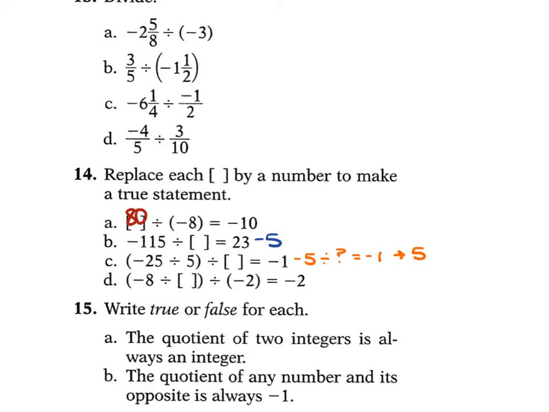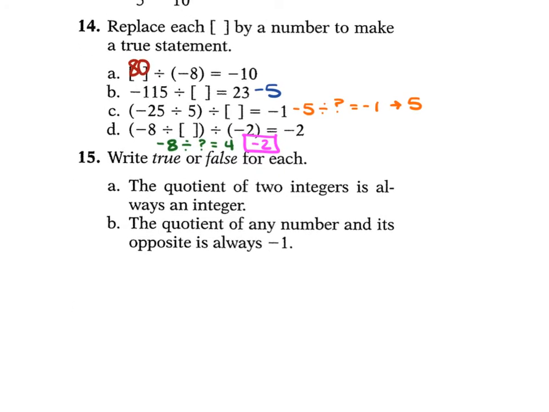For D, we're given -8 divided by something divided by -2 is equal to -2. Well, if we move over that -2 by multiplying it to each side, we're left with -8 divided by something is equal to +4. So -8 divided by what is a +4? This is going to have to be a -2.